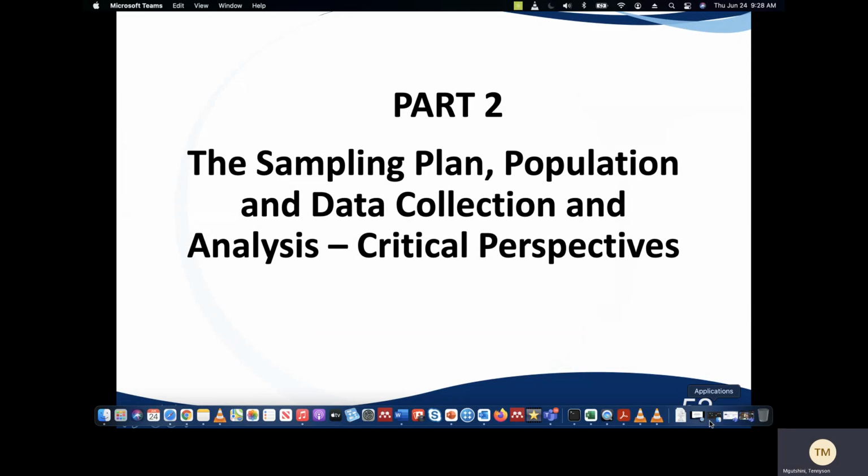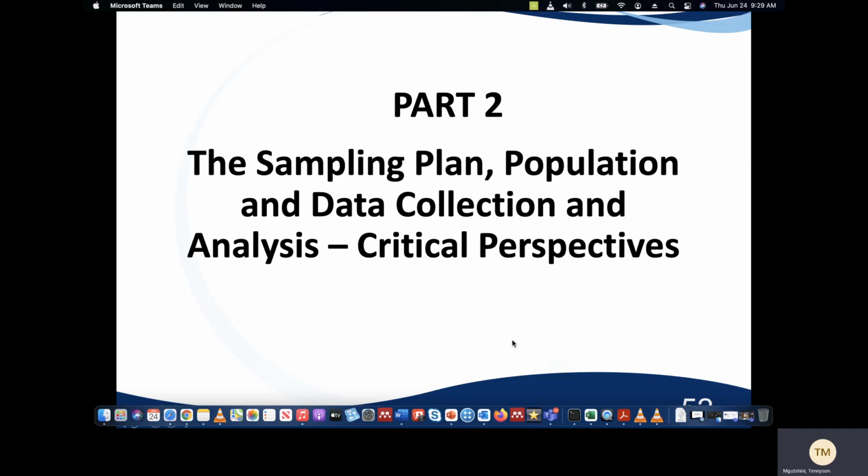Okay, so remember part 2 that you have is this focus on the sampling plan, issues to do with populations, data collection, and data analysis. And of course, I will share with you some critical perspectives. As always, the beginning of any conceptual interrogation starts with us defining the basic concepts that are central to what we're looking at.